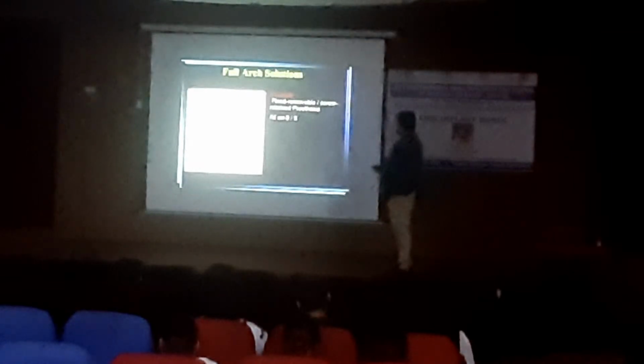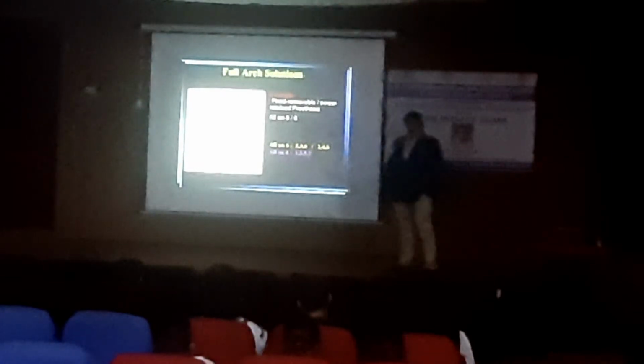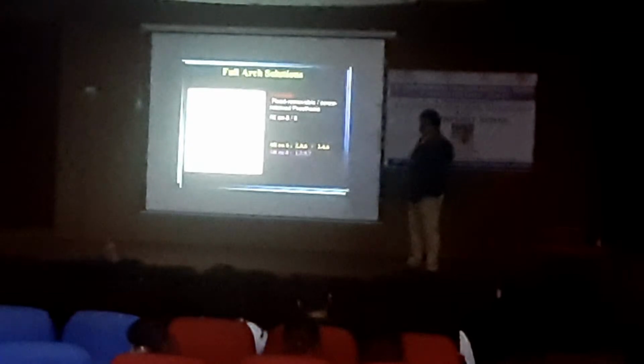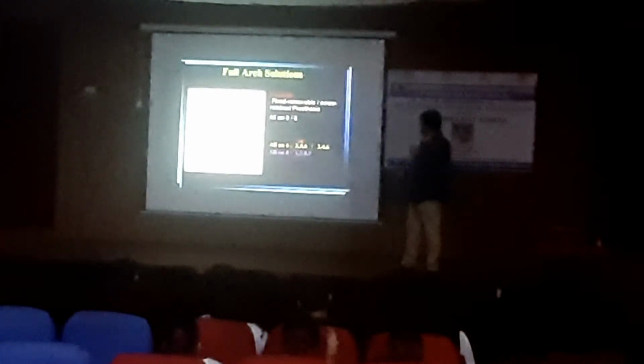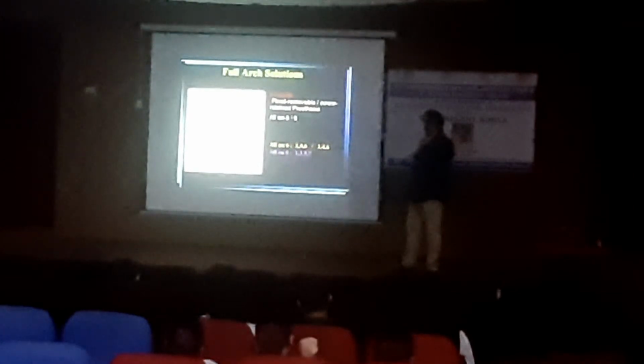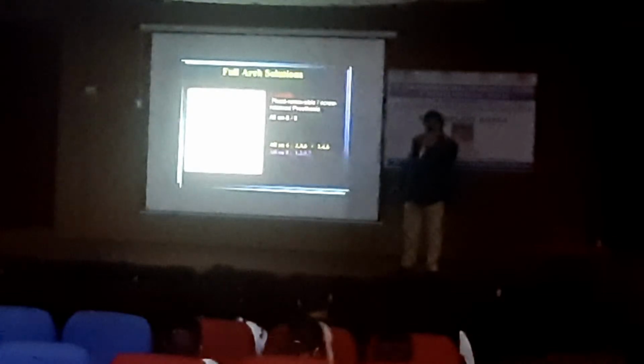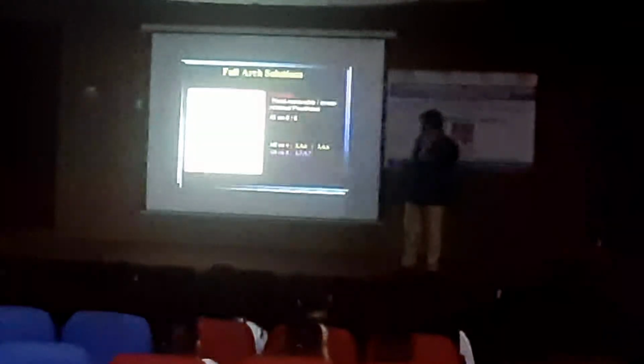So full arch, all on 4, all on 6, or all on 8. The idea is, what are the positions of the implants? In the mandible, you can do a split prosthesis. That means I can split my prosthesis into 3 parts, which is going to be 2, 3, 4 and 6. Means I place 2 implants in the 3 region and 4 and 2, 4, 6, if I'm doing all of the tooth positions.